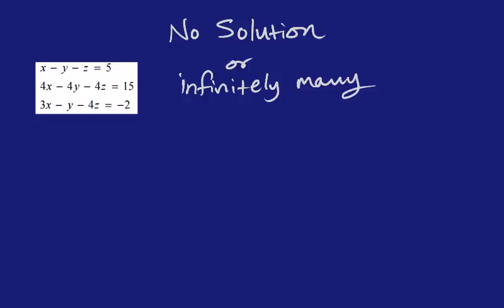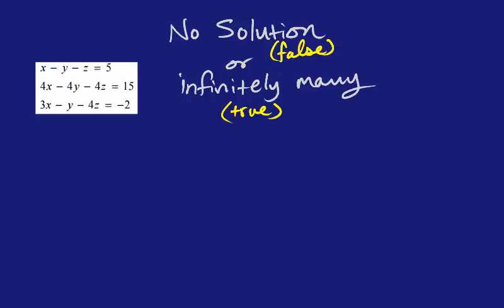It starts at the very beginning when you start eliminating things, and it could happen further down the road, but you do everything the same. You'll be solving a problem, and then all of a sudden everything will cancel out. When all the variables cancel out, you're left with a statement. If the statement is true, you go with infinitely many solutions. If the statement is false, you go with no solution.